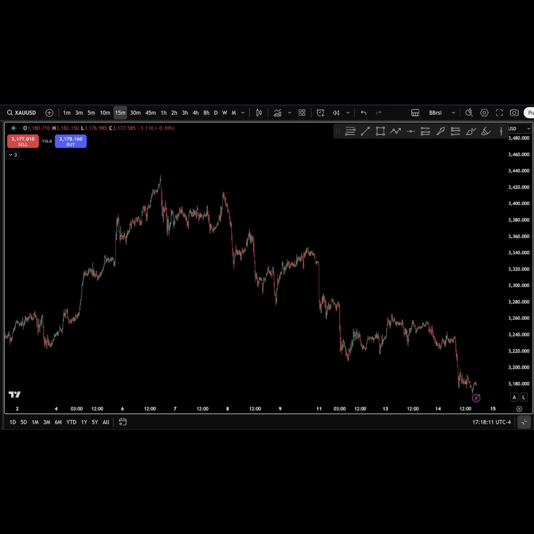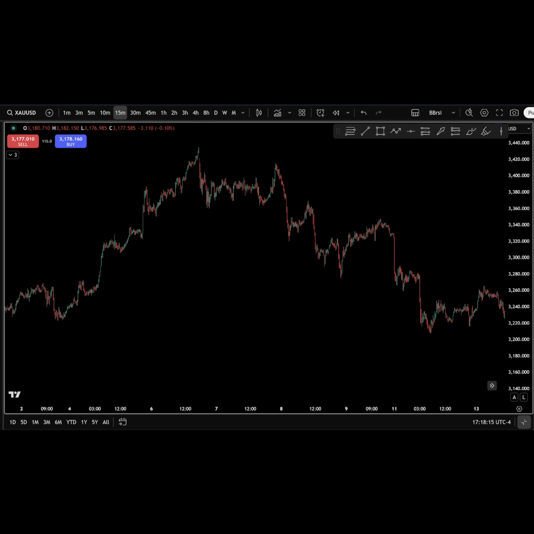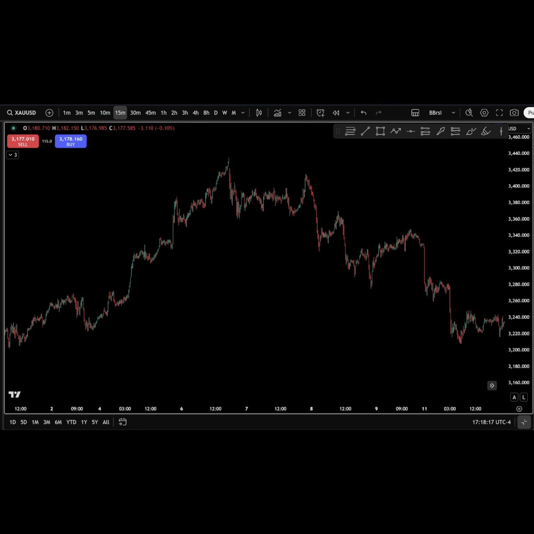Channels. Let's find right here an example of the three channels. There are three types of channels: the ascending channel, moving upward; the flat channel, which is in consolidation, where the market is moving sideways; or the descending channel. Let's start with the ascending channel.